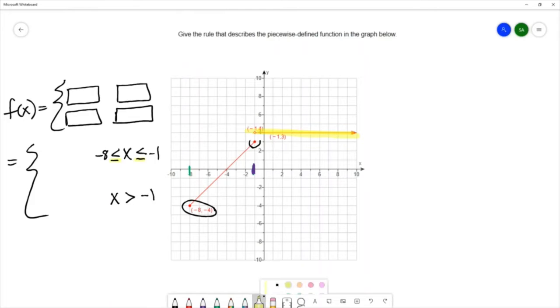The equation of a horizontal line is y equals some value. And for this example, all of the y values are the same, which is a y value of 4. So the equation of that line is just 4. The horizontal line, 4.